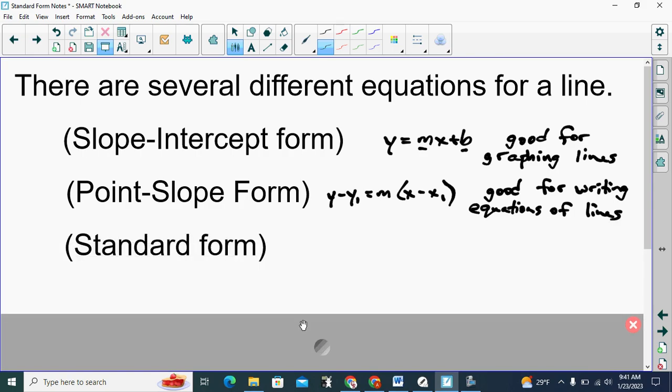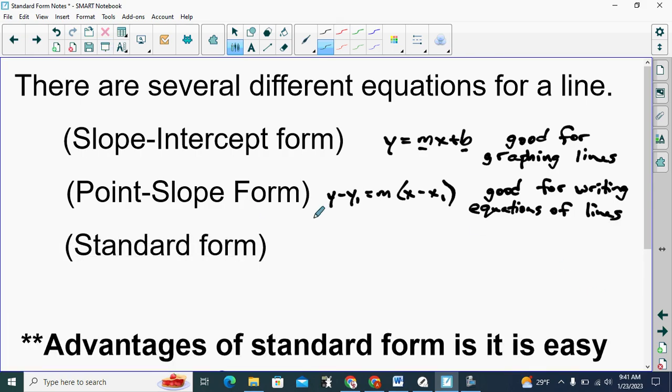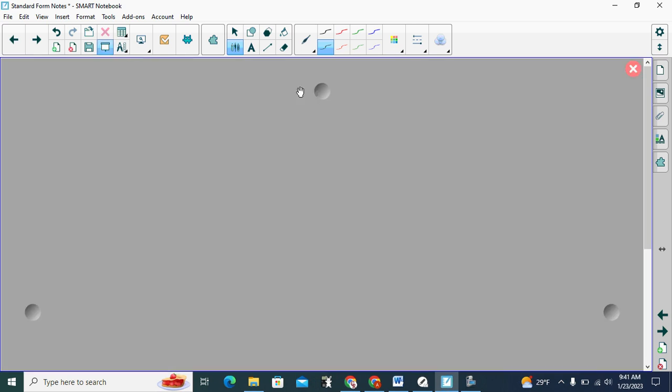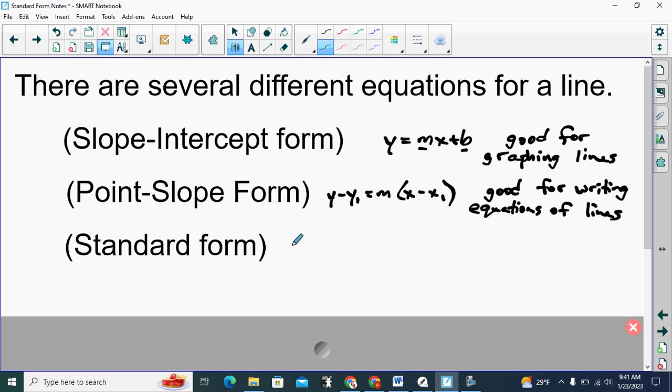And the third one, standard form, is ax plus by equals c. And the problem with standard form is, notice there's no m in there. So I don't know what the slope is just by looking at standard form.